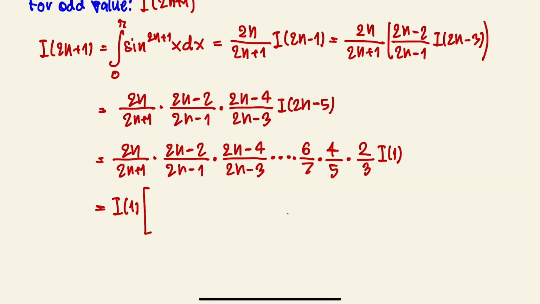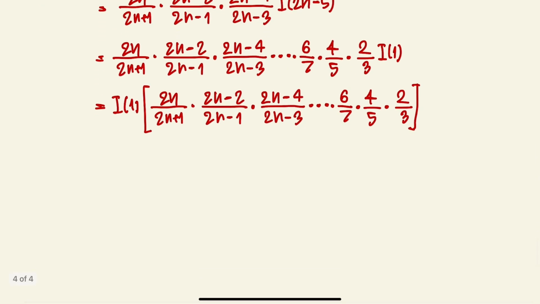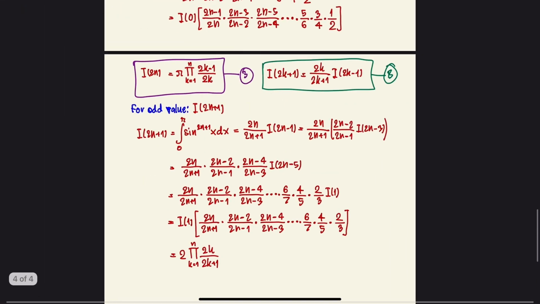What is this term here? We write it down in terms of big pi. The big pi is this product: the product of 2k over 2k plus 1 from k equal to 1 to n.